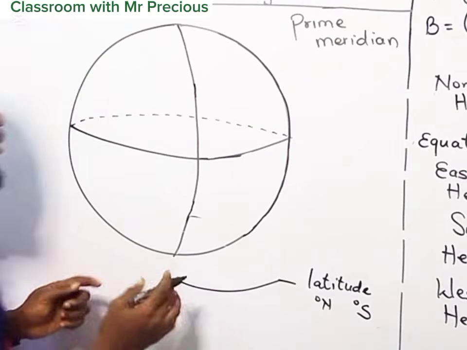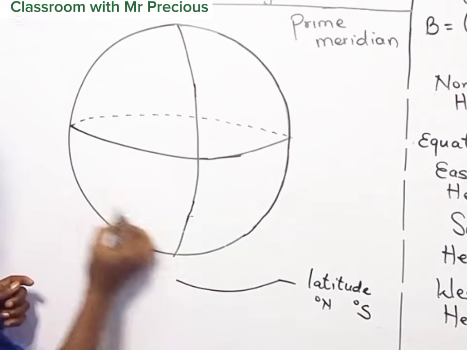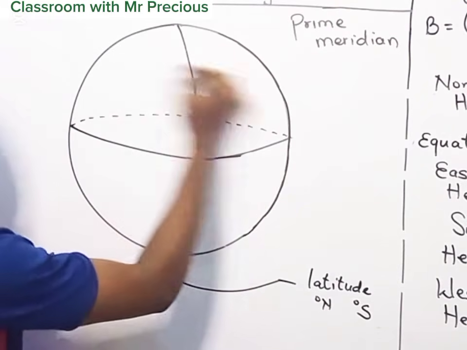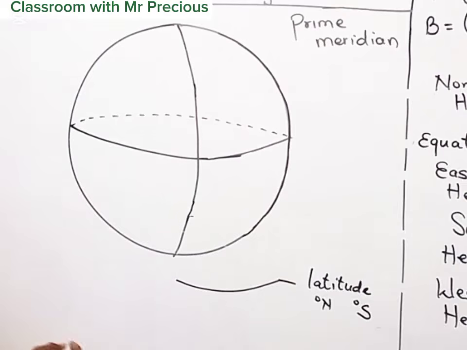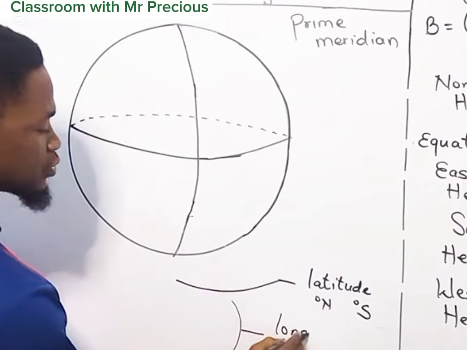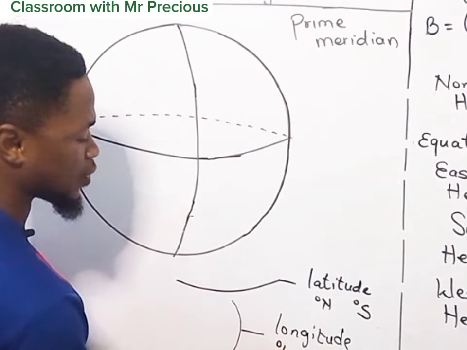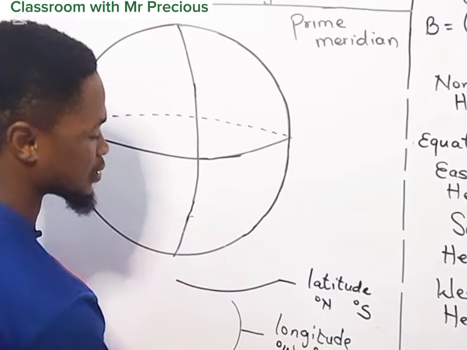Latitude lines are lines that go from side to side. Any line you see like that is a line of latitude. But a line that goes like this is a longitude line, and they are measured in degrees west and degrees east.